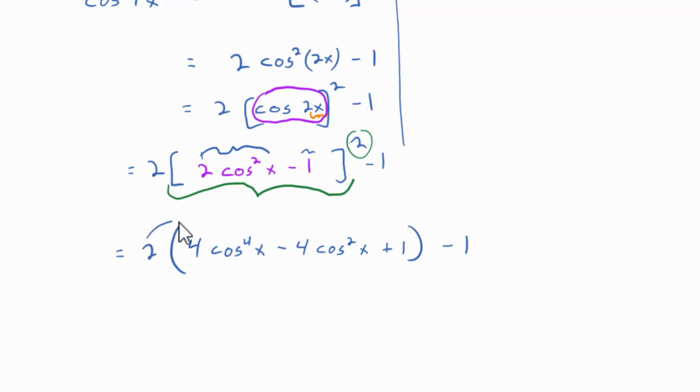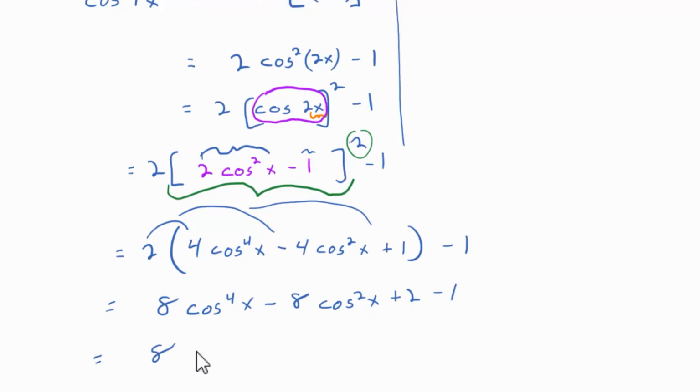So if you distribute this 2, what do we get? 8 cosine 4th x minus 8 cosine squared x plus 2 minus 1, just one like term to combine, I guess. 8 cosine to the 4th x minus 8 cosine squared x plus 1.